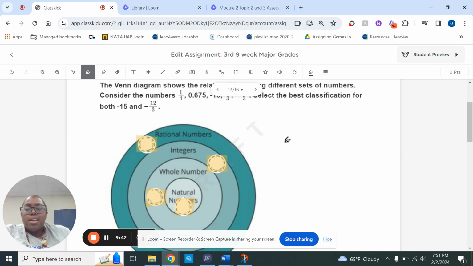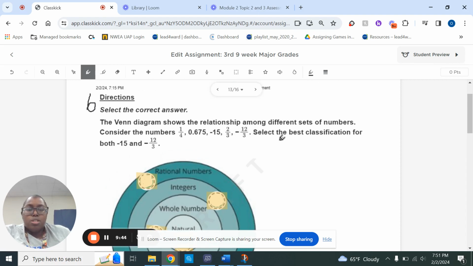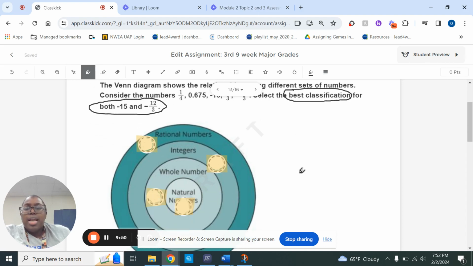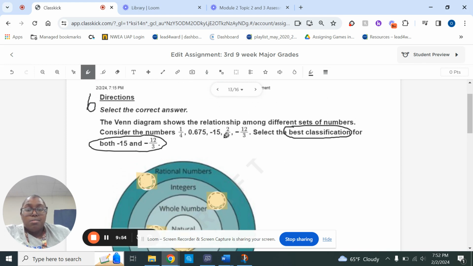The only thing I can give you a hint about in this one, since we are trying to select the best classification for both of these numbers, is to make sure that any number that can be divided, like these fractions, are divided to see if they can become anything other than a decimal. Because remember, whole numbers and integers can be fractions as long as they equal or can solve to a counting number.